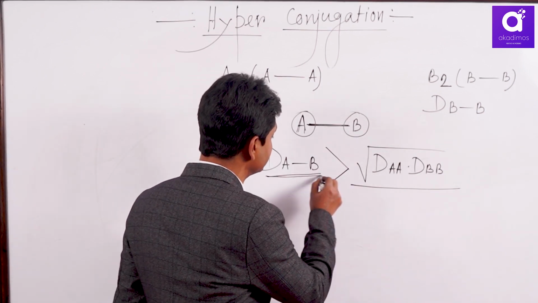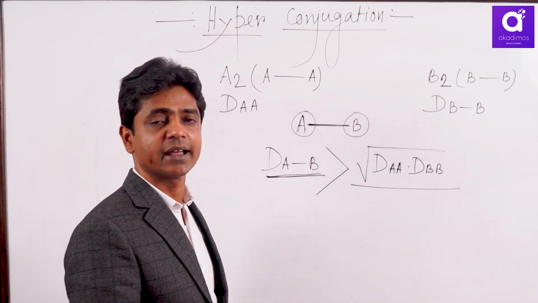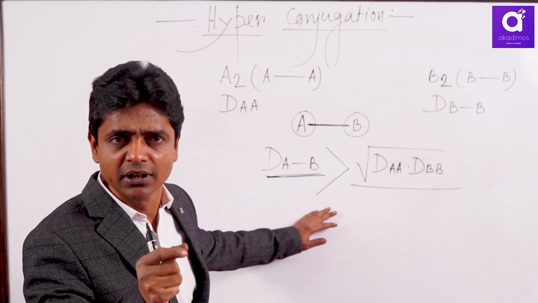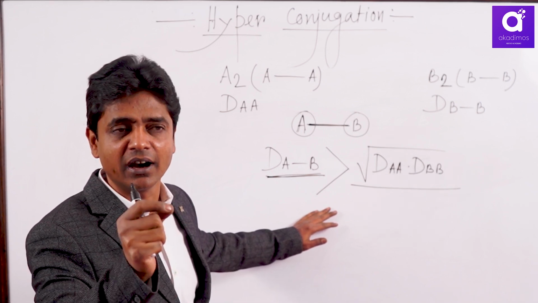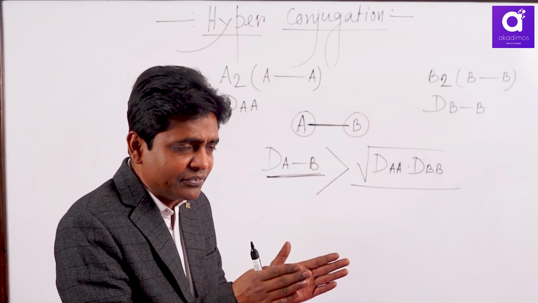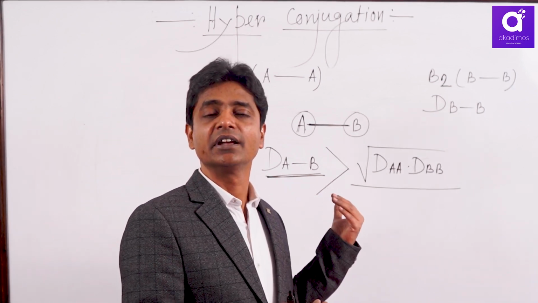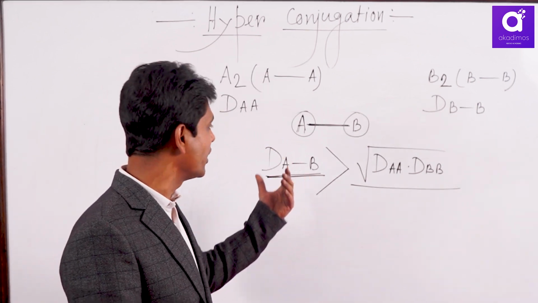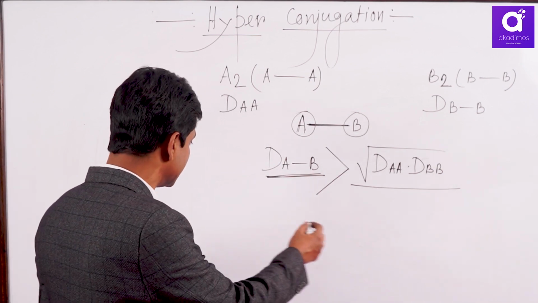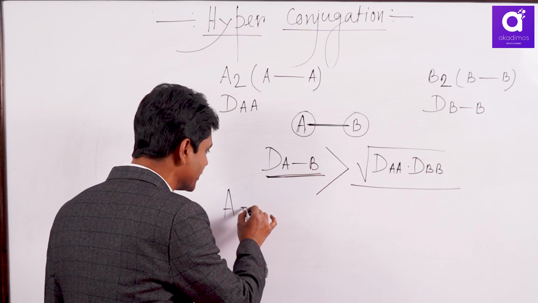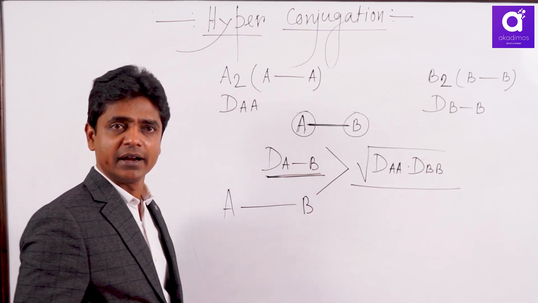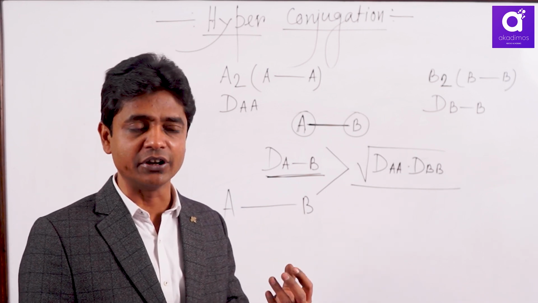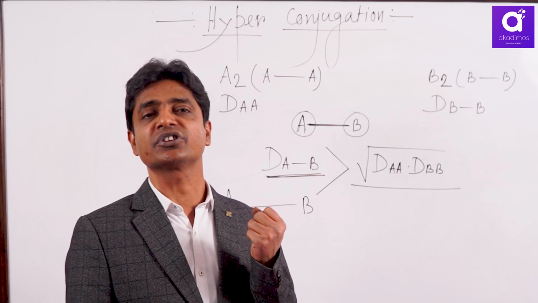Now, why is this energy more than calculated? That error, that is 10 kilojoule, I have taken as an example: 110 from experiment, 100 from theory. The 10 difference is explained by GOC, or inductive effect, or electronegativity difference. That I am going to explain, why this energy difference will arise. Since A and B atoms are different. Different means their nuclei are different. Their electronegativity, or attraction power towards electrons, is different.